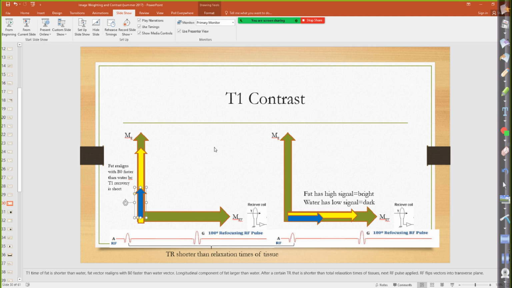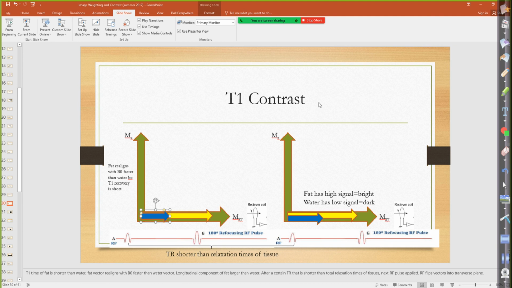So we have another RF pulse coming, and we have two different size vectors at this point, which is good because we're starting to create contrast between the tissues. And when we apply that second RF pulse, the fat vector is going to be bigger than the water vector. You see that? And now we have contrast. And we have the vectors in the transverse plane, which is ultimately where we receive the signal.